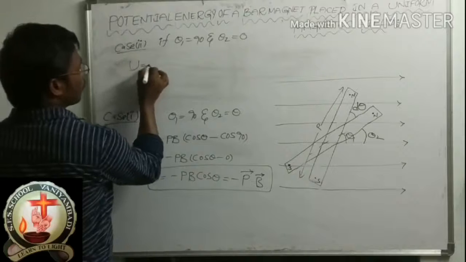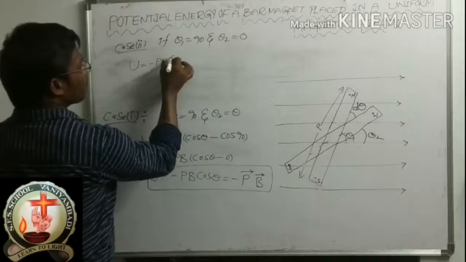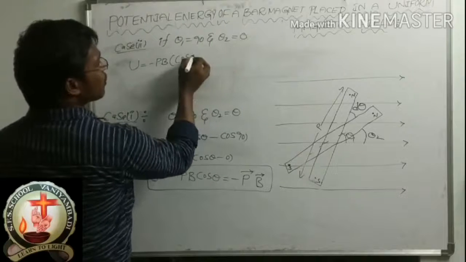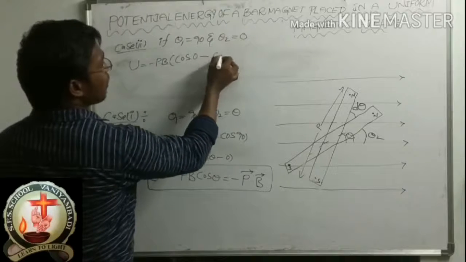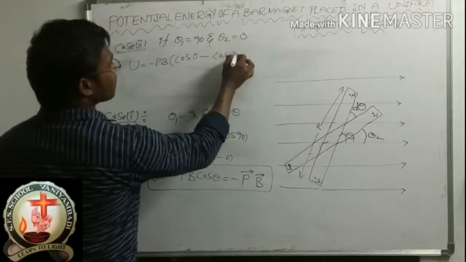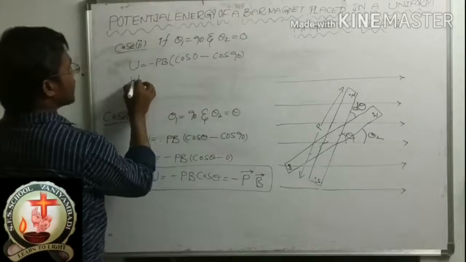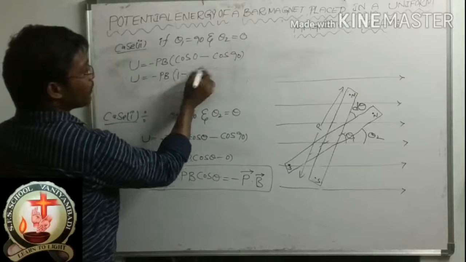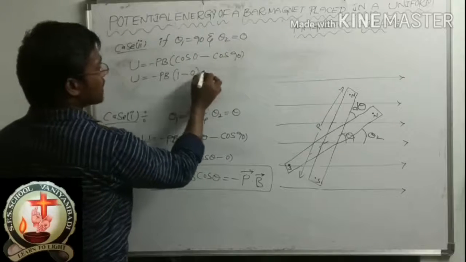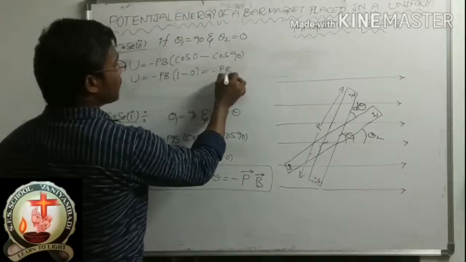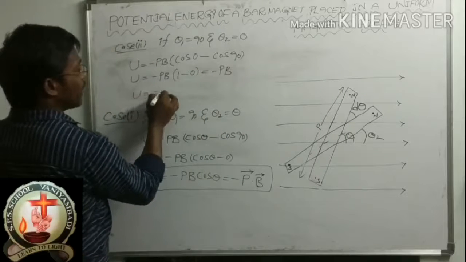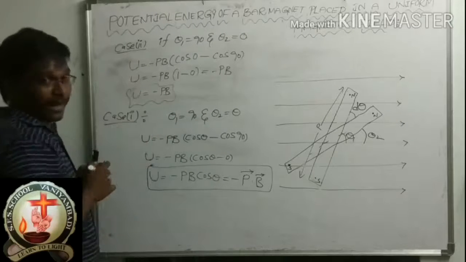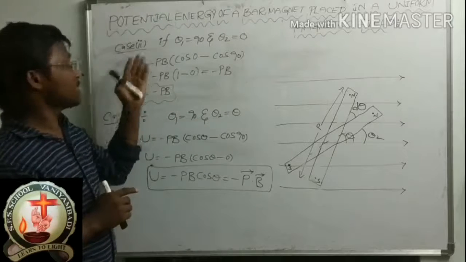U is equal to minus PB, cos theta 2, in the place of theta 2 put 0, minus cos 90. So U is equal to minus PB, cos 0 value 1, minus cos 90 value 0. So U is equal to minus PB. This is the expression of the potential energy in the second case.